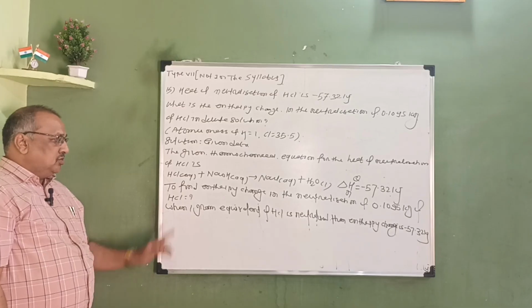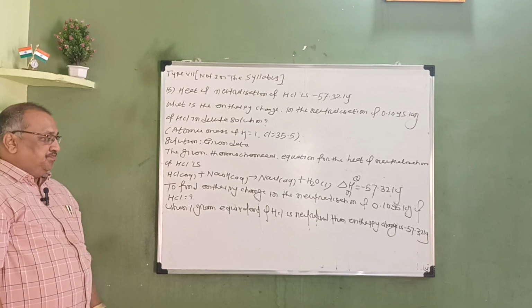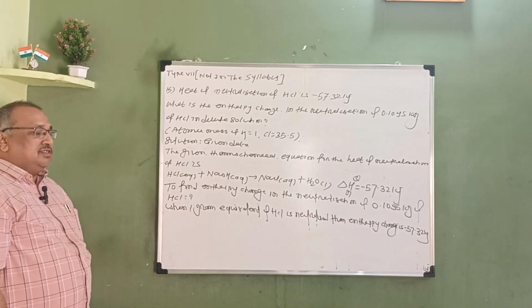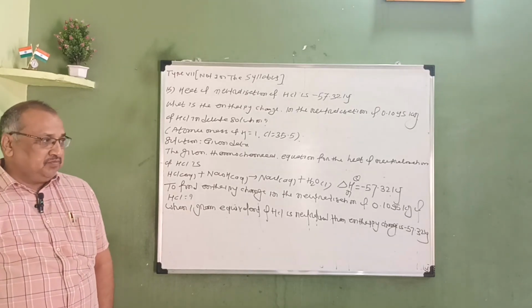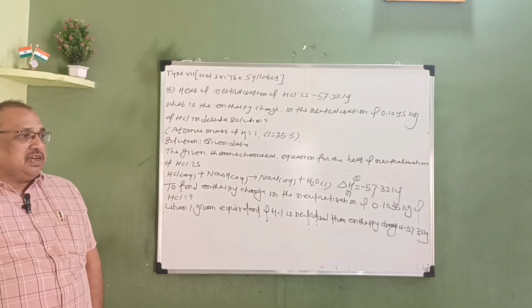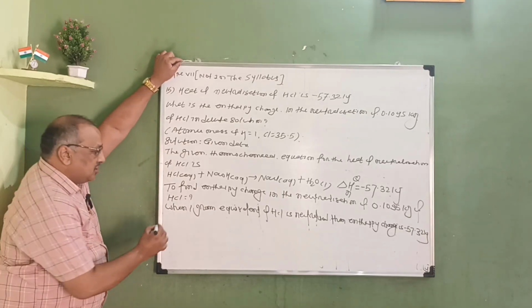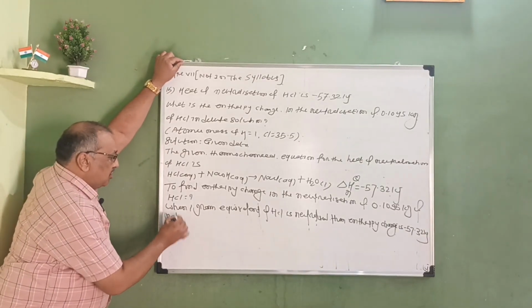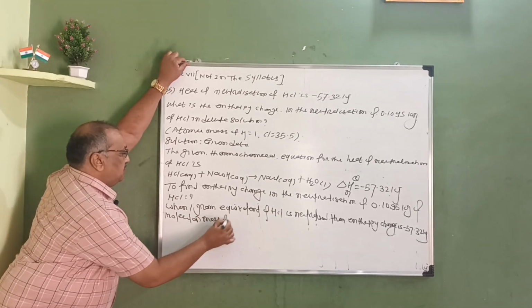Now convert this 1 gram equivalent of HCl into gram. 1 gram equivalent means equivalent mass expressed in gram. Now in order to calculate equivalent mass, first calculate the molecular mass of HCl.